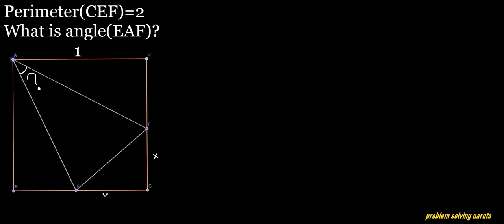I let this be y, so this would be 1 minus y, that would be 1 minus x. The given is that the perimeter, x plus y plus this, is 2, and I want to find the angle EAF.